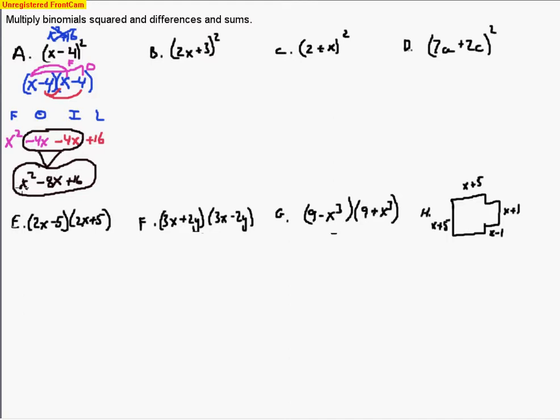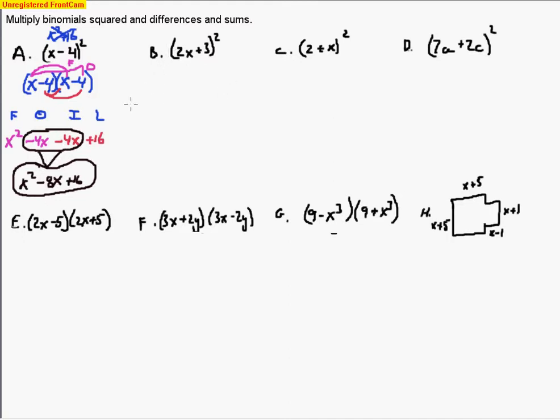Our first and last terms will always be positive. So these two are always positive, and the outer and inner will always be the same number and the same sign. So they will always add to make that other value. So that's a key thing that we need to remember. So first and last are always positive, and the outer and inner are always going to be the same, and they'll add together to make another number.